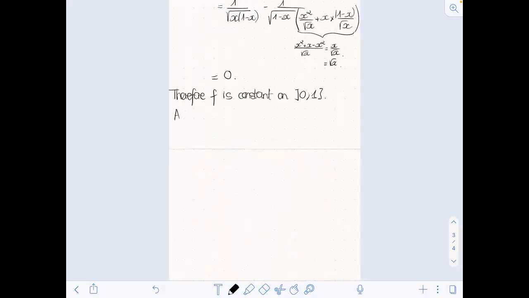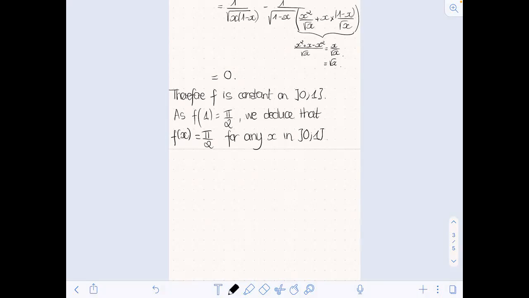And as f of 1 is equal to pi over 2, we deduce that f of x is equal to pi over 2 for any x in 0, 1. So there we go. It's the same sort of reasoning once again, with the slight particularity that the functions are just slightly harder to deal with. But yeah.